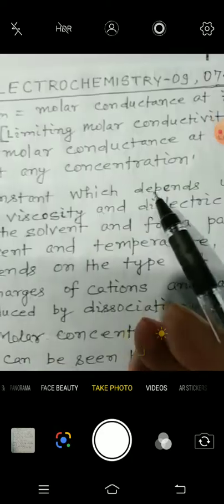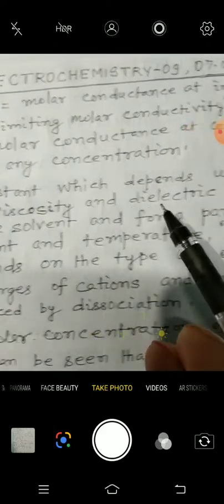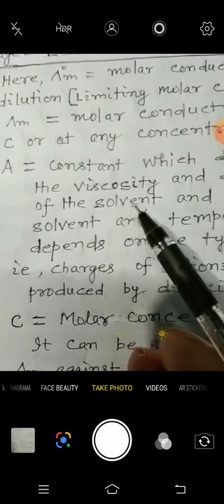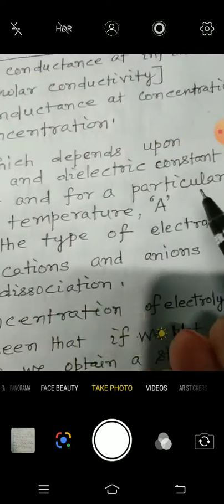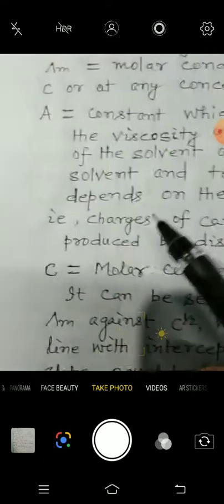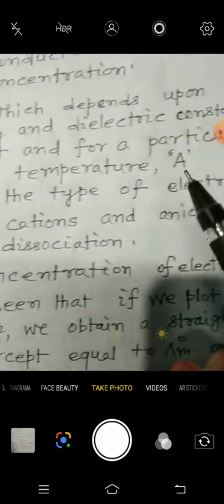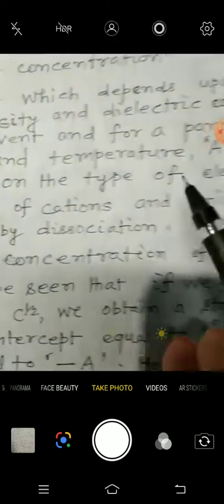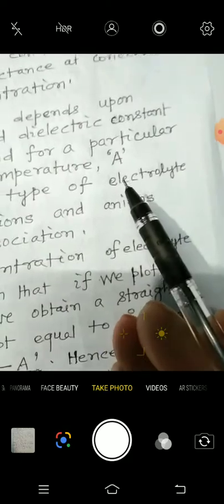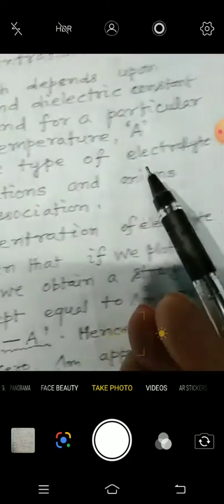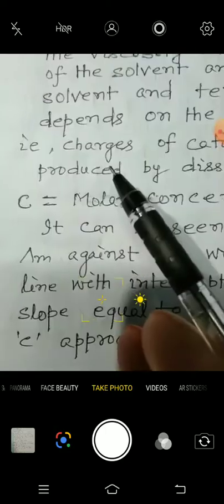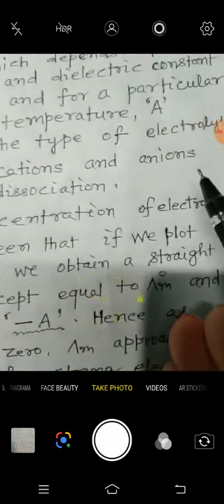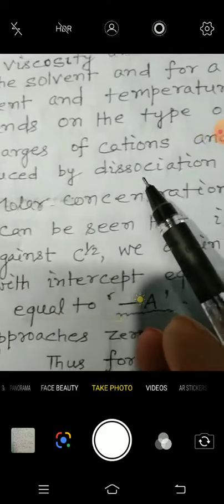A is a constant which depends upon the viscosity and dielectric constant of the solvent, and for a particular solvent and temperature, A depends on the type of electrolyte, that is, charges of cations and anions produced by dissociation.